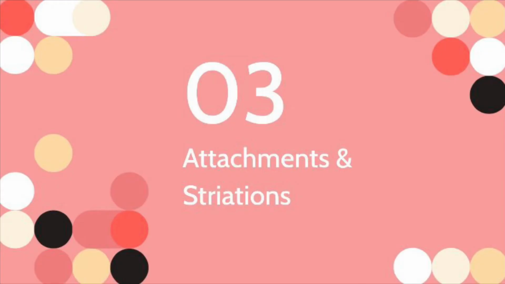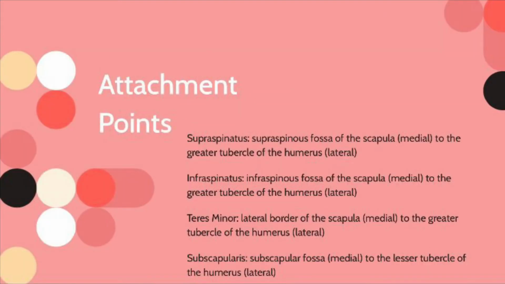Third, we have the attachments and striations. For the supraspinatus muscle, the medial attachment is at the supraspinatus fossa of the scapula, and it connects to the lateral attachment point at the greater tubercle of the humerus. The infraspinatus muscle connects medially at the infraspinatus fossa to the greater tubercle of the humerus.